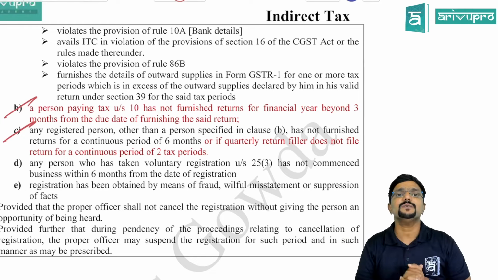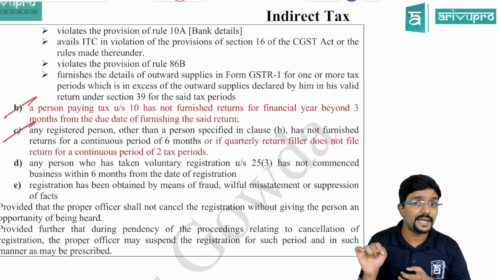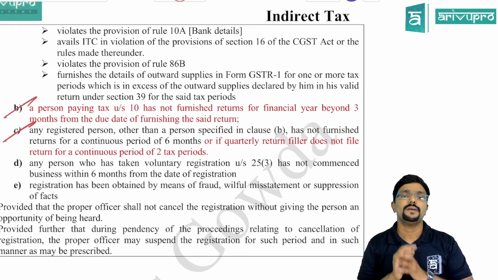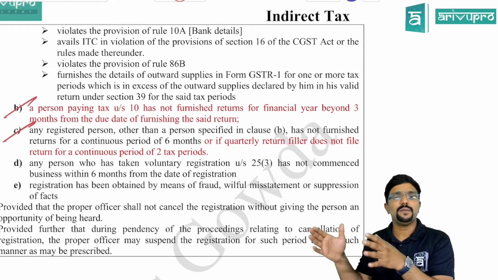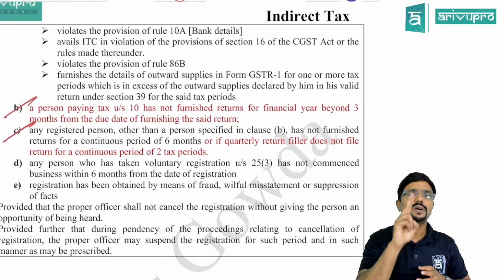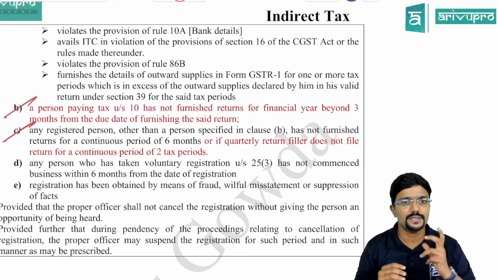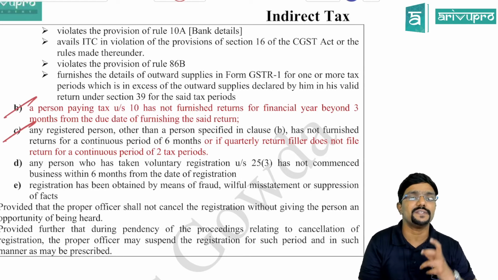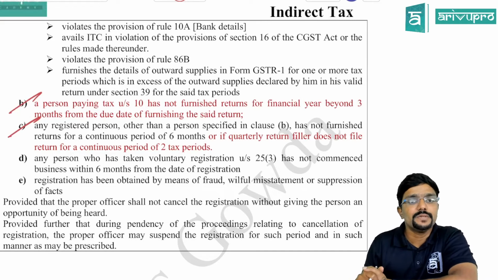Same way, for the person who is covered under QRMP, who is paying tax as per section 9, if he doesn't file either GSTR 1 or 3B or both for 2 continuous quarters, then his registration can be cancelled, guys. That is what is given in point C under subsection 2 of section 29.